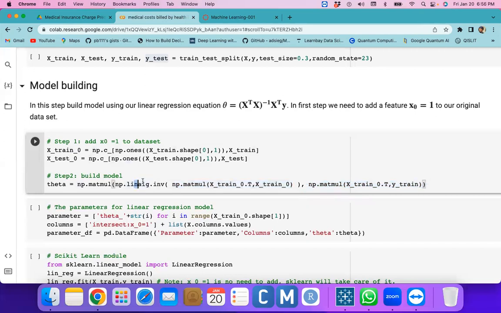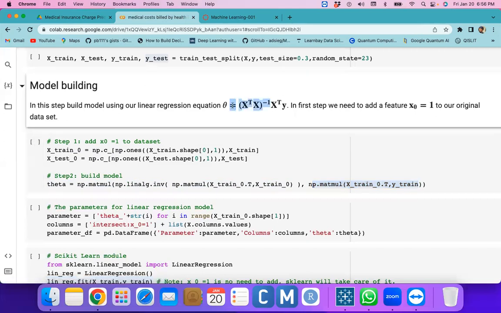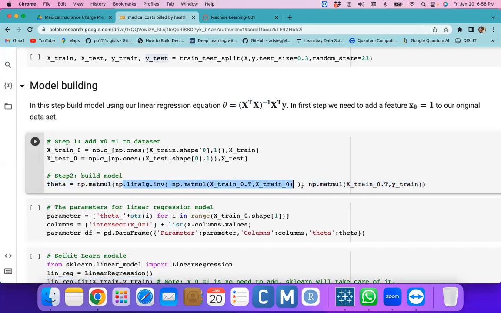Then the result is multiplied with X transpose and Y. So you do the multiplication of X transpose and Y, and that result is multiplied with the inverse of the earlier term.